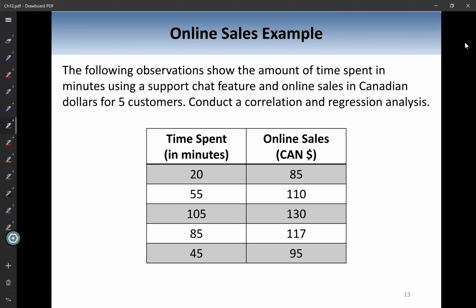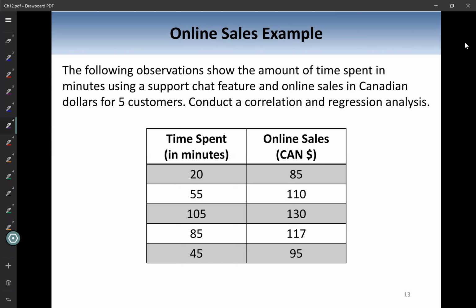What sort of information could we know about these customers that might be useful? So what if we have, say, their age? So age could have an effect here. It could be useful in predicting online sales and be statistically significant, and also be practical depending on, say, what the product is. Also, we have time spent. Suppose younger people might spend more time on the chat feature, be more comfortable, and so on and so forth.